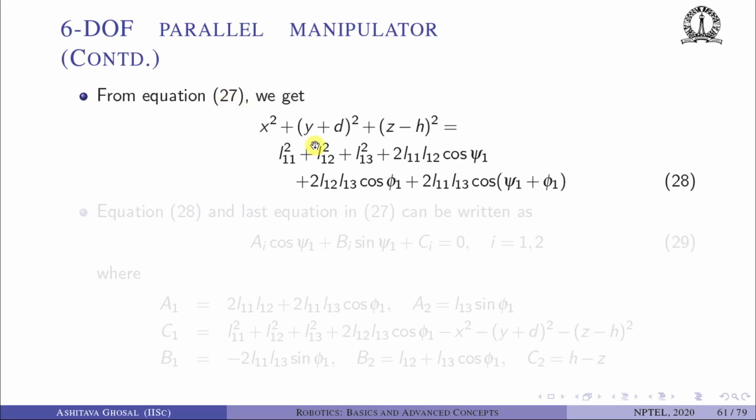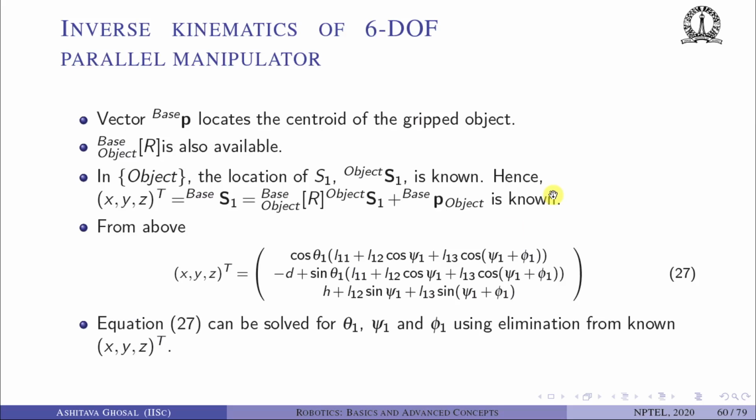So for example, if you do this operation, x squared plus (y plus d) whole square plus (z minus h) whole square, we will get one equation in L11 square, L12 square, L13 square, and cos psi 1 and cos (psi 1 plus phi 1). The last, z component of this equation does not contain theta 1.